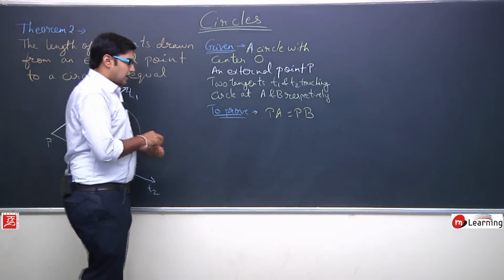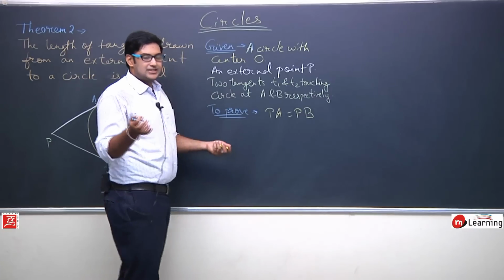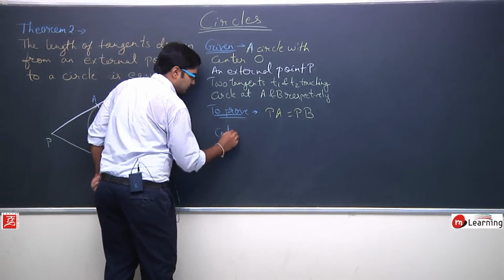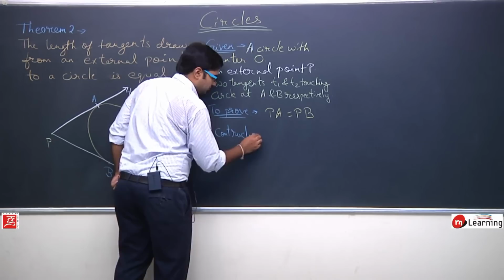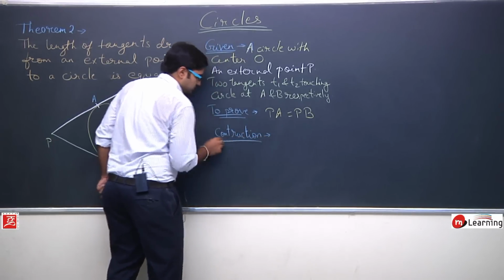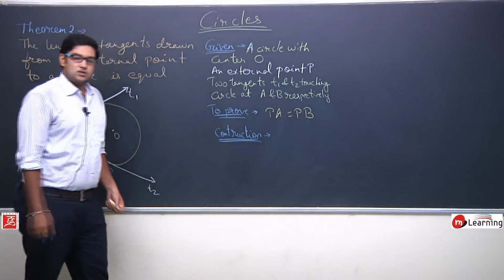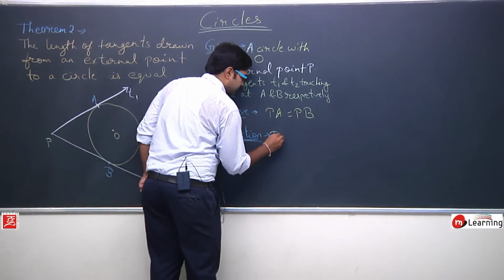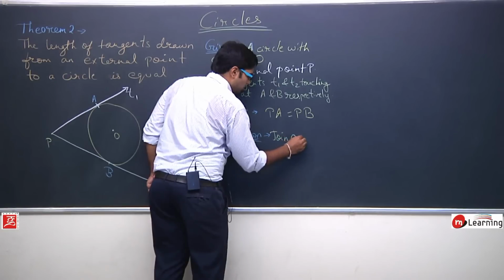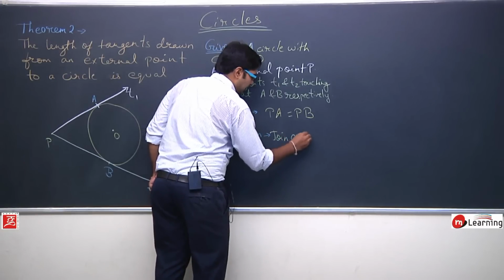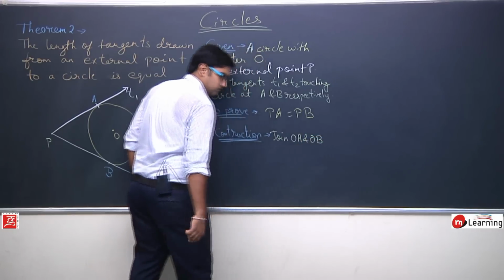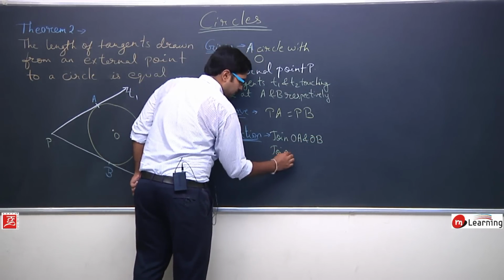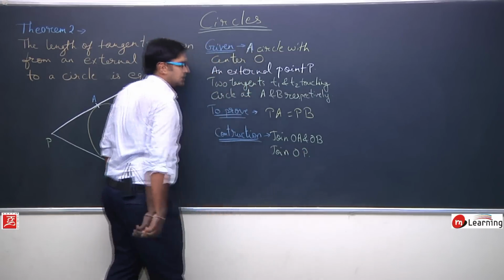Okay. Then after this, you know the next step, that is a construction. So let us do the construction. For construction, we will join OA and OB, and also join OP.